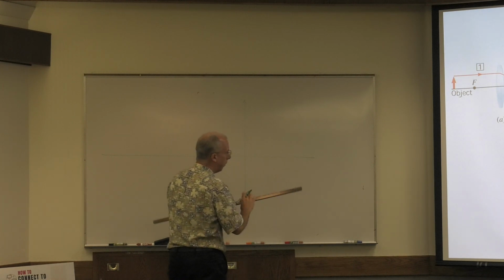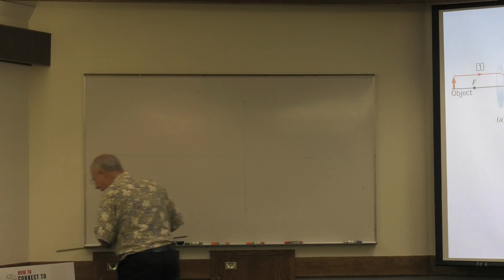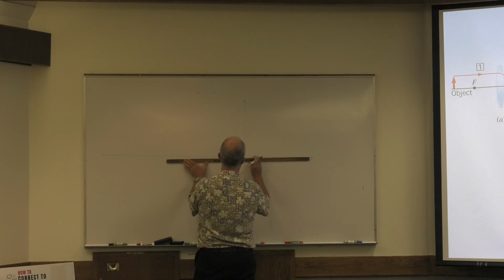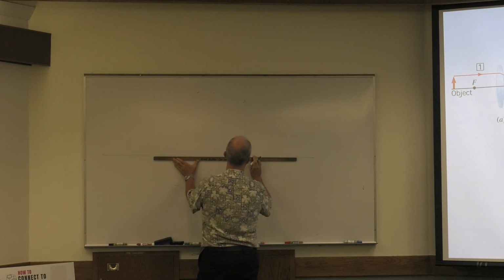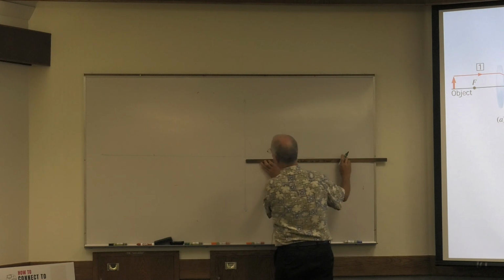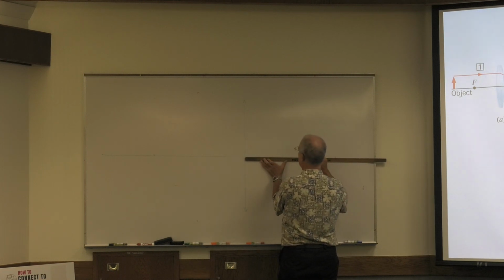All right, so the focal length is 25. So again, it's going to be scale drawing. You got to do it scale drawing or it's not going to work. 25 there, 25 there, so I got to extend it.